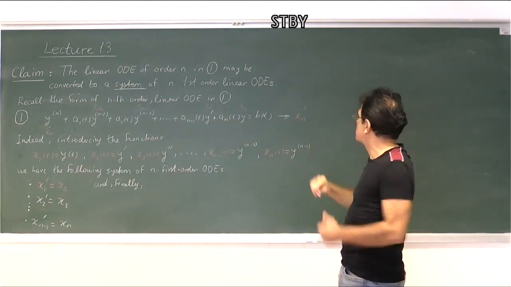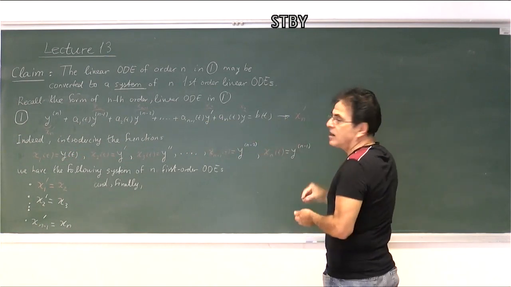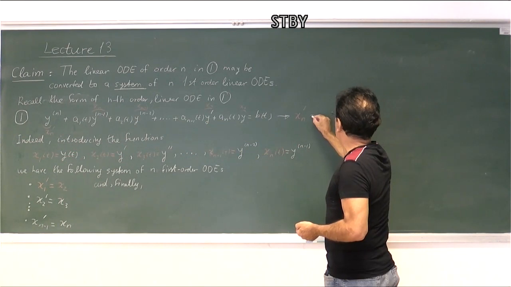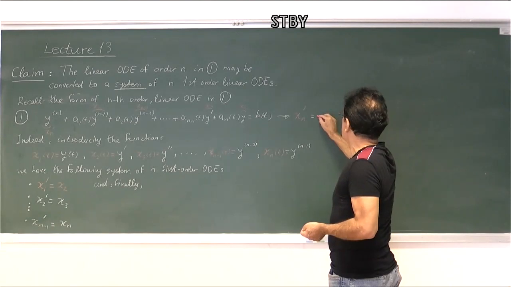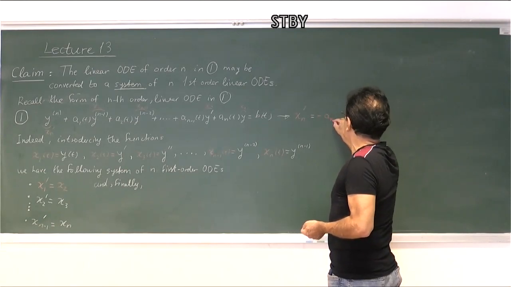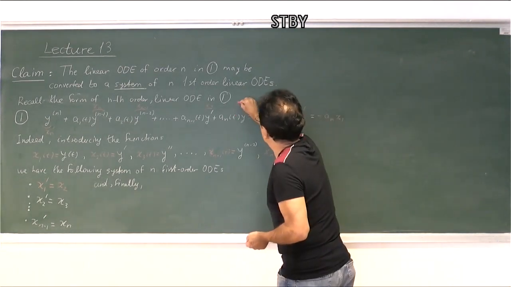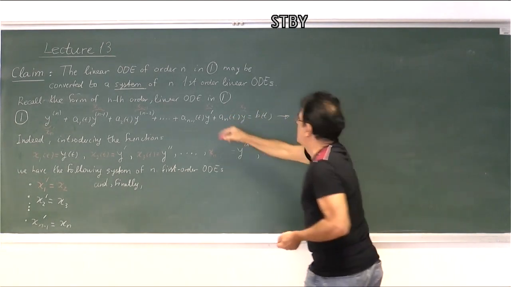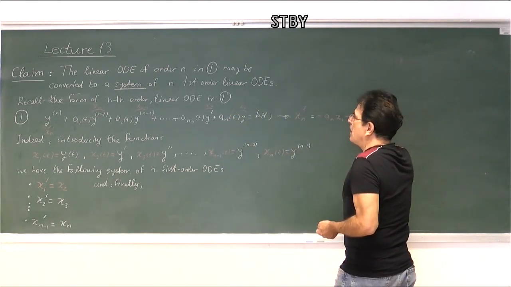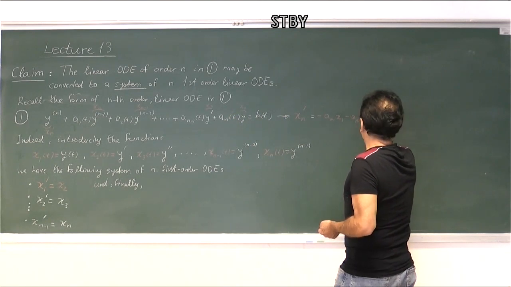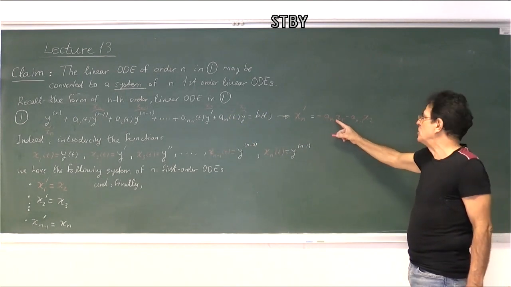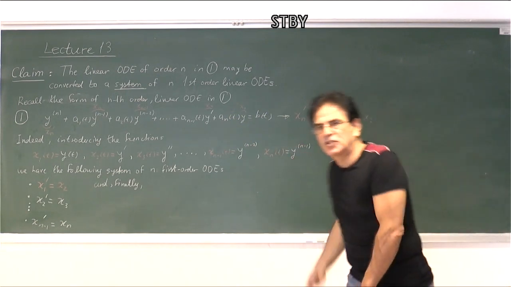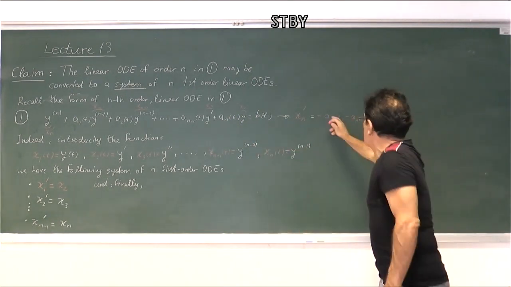Therefore, from the equation itself, we see that the derivative of xn is given by minus an x1, minus a_{n-1} x2. Of course, for symbol economy, I didn't write that the a's are functions of t, but in general we know that the coefficient functions a1, a2, ..., an are functions of t.